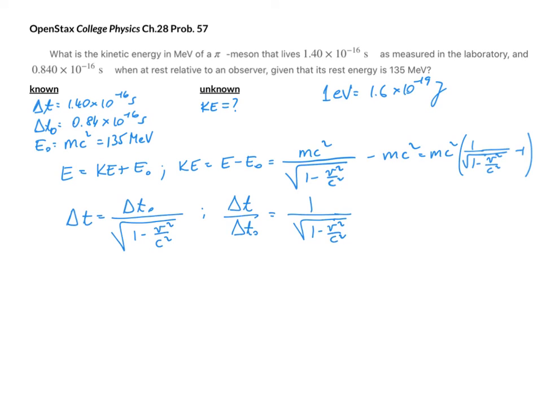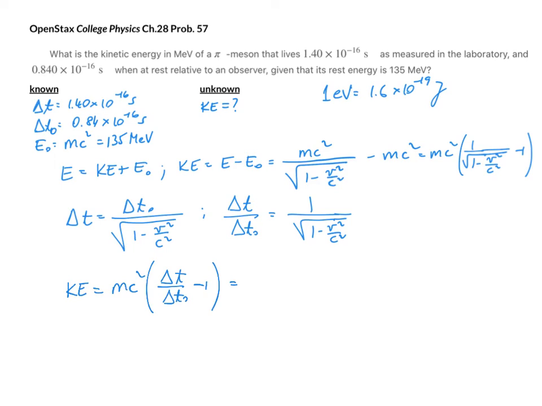So that's really cool, because in this expression I have 1 over the square root of 1 minus v squared over c squared, and the same expression is just delta t over delta t naught. So I'm going to plug delta t over delta t naught in there and get kinetic energy is mc squared times the quantity delta t over delta t naught minus 1.